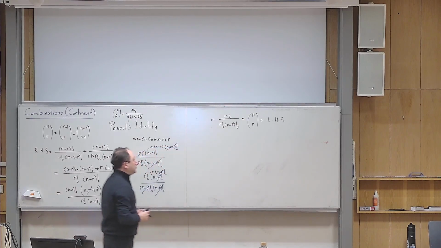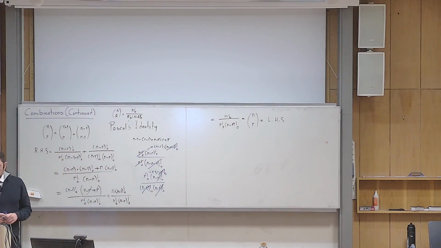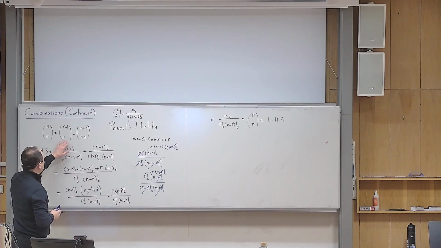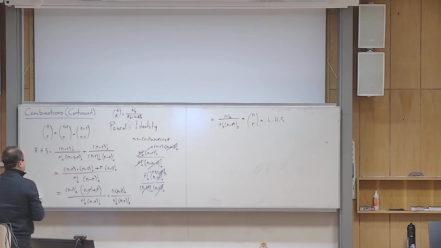Okay, so now, this is also good to understand in both directions. Usually, if you want to use this to simplify things, it's better to go from the right-hand side to the left-hand side. How can I interpret that?